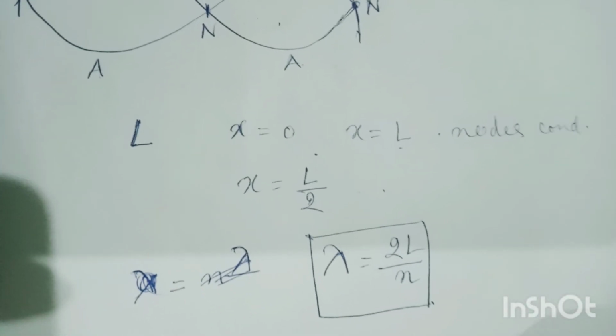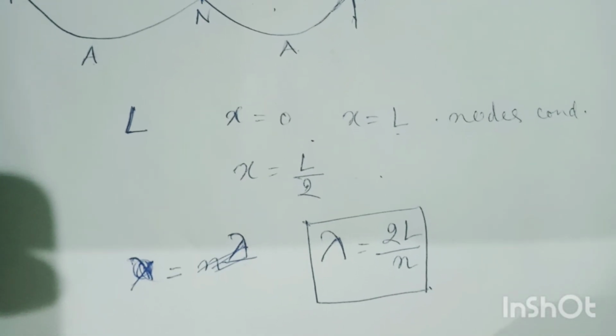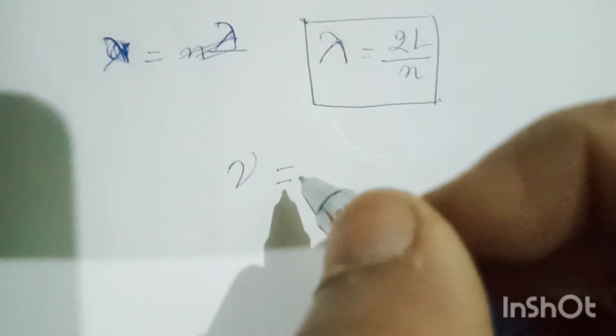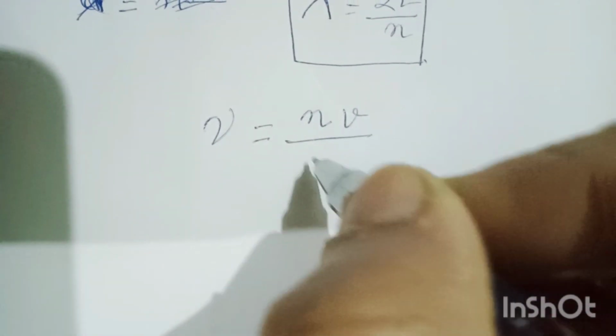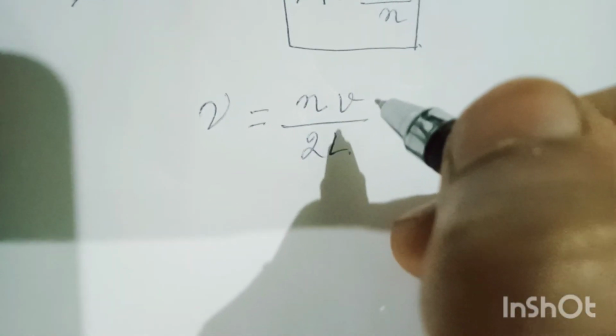And the frequency of the stationary wave is equal to n v, where v is the speed of the wave, divided by 2L.